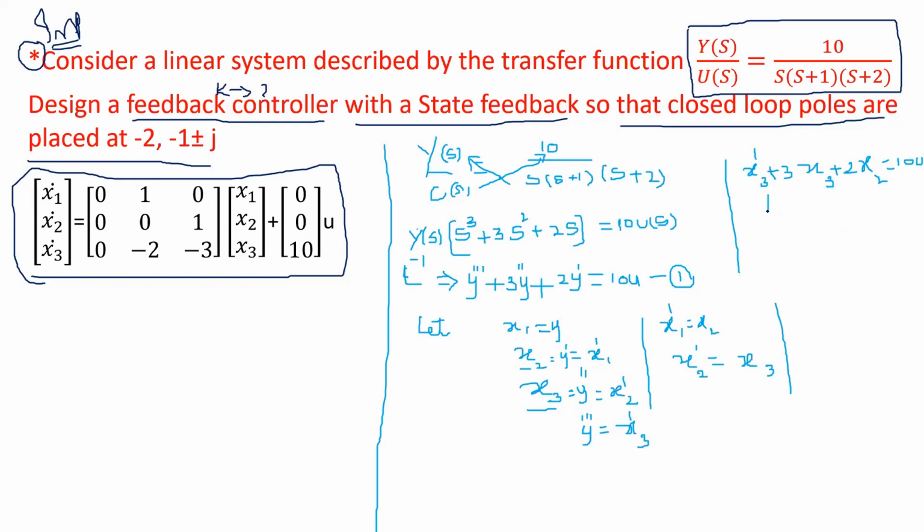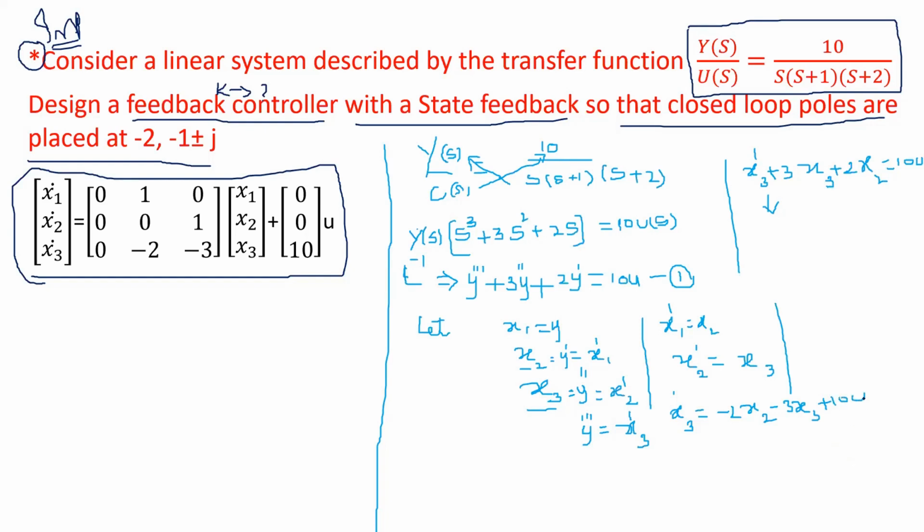So from this, how to write x3 dash? Here I am going to write x3 dash is equal to, now send all the terms to the right side. I will get minus 2x2 minus 3x3 plus 10 into u.